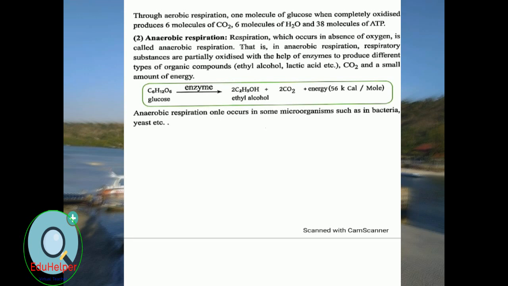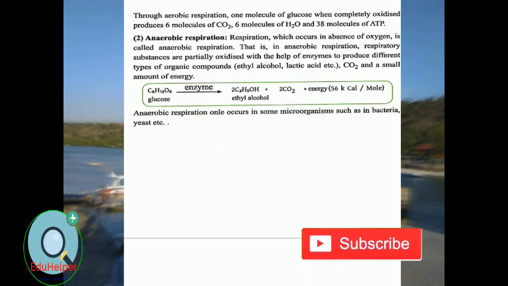But today I will discuss anaerobic respiration. Anaerobic means without oxygen, so this kind of respiration happens without oxygen. Respiration which occurs in the absence of oxygen is called anaerobic respiration.